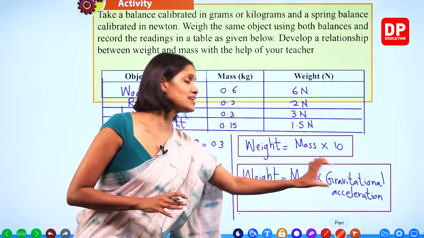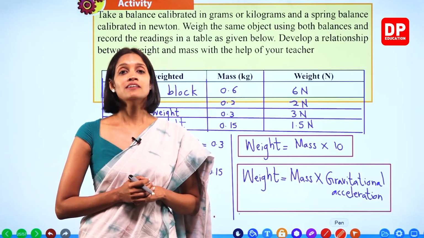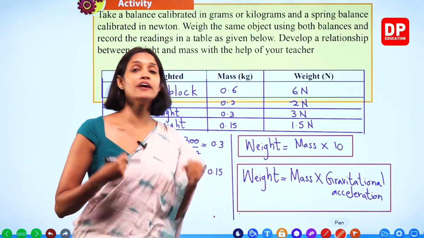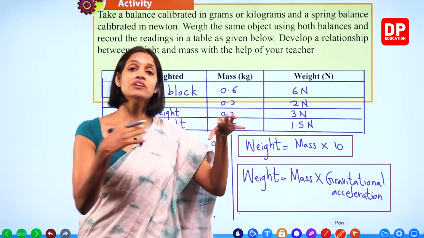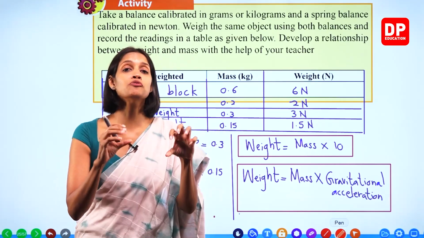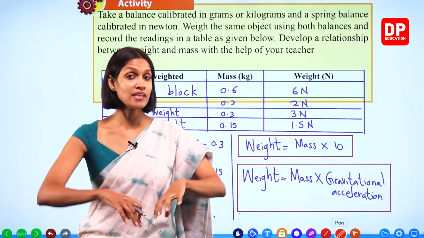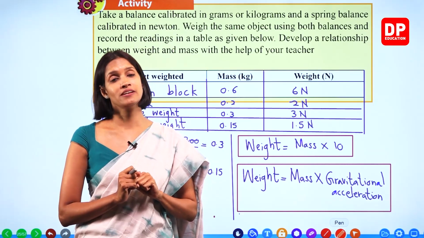But the gravitational acceleration depends on the location. Right? This is the amount of force applied by the Earth or the ground. So if we take it to a different planet, the amount of downward force applied by that particular planet on the object is different. Right?